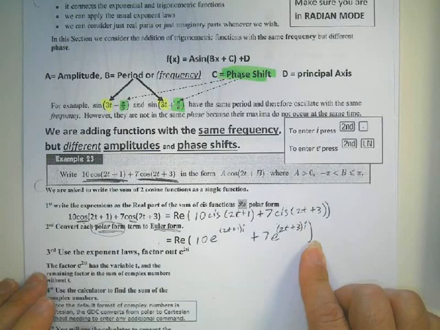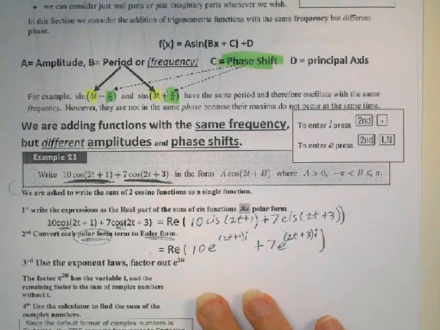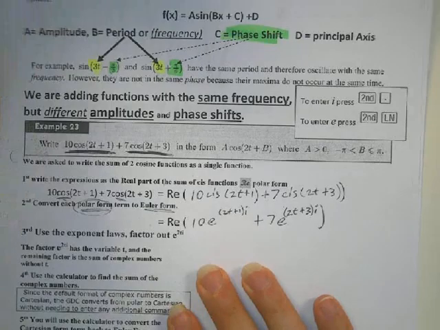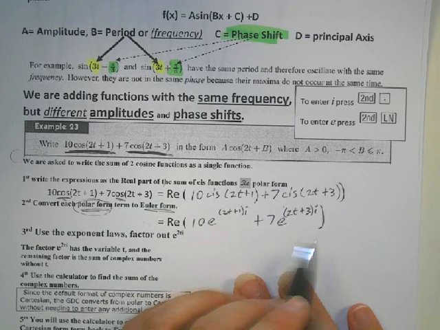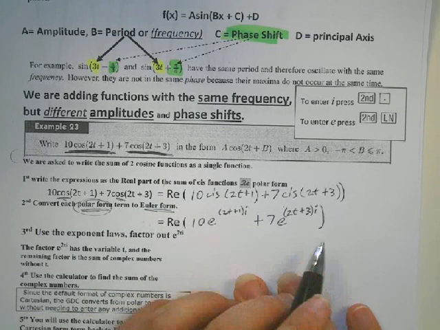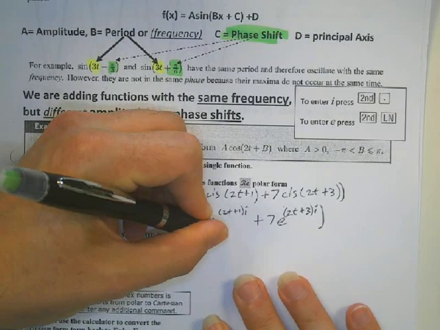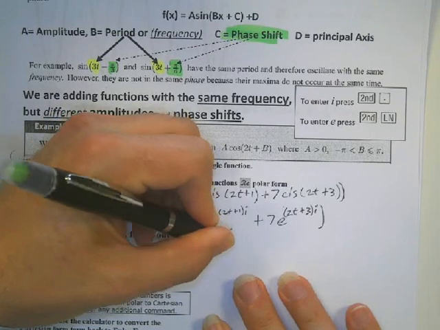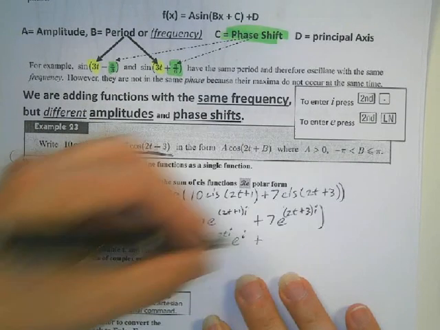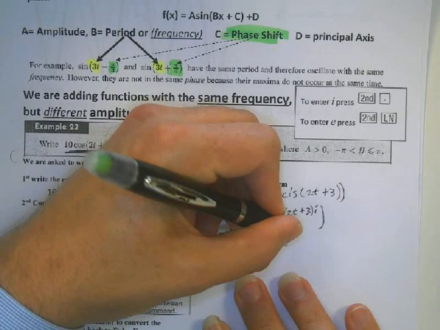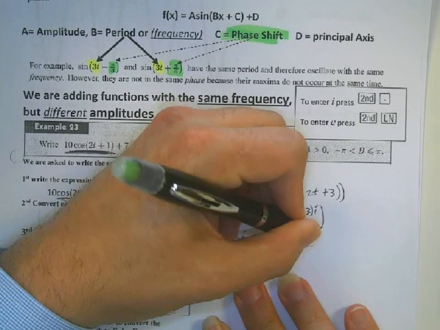Now, the reason we're doing this is we want to write this with a single variable t, and we want to be able to add the other parts together. So I'm going to write this as 10 e to the 2ti times e to the i, plus 7 e to the 2ti times e to the 3i.